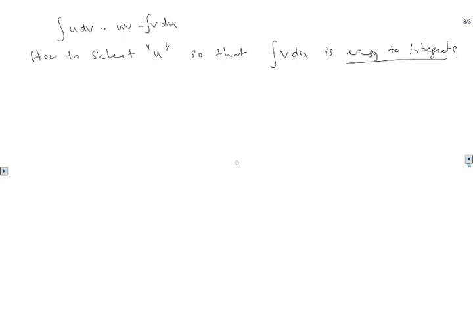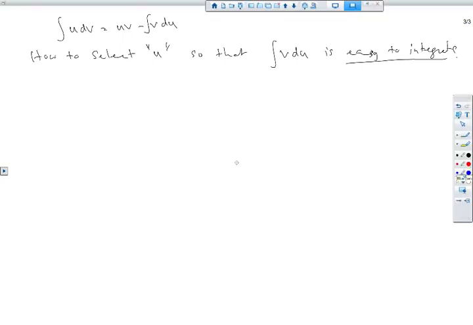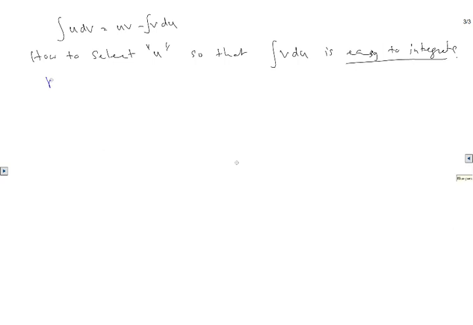The first tip is, when you have polynomials and trig functions, that's the first type. We're going to pick u as the polynomial.